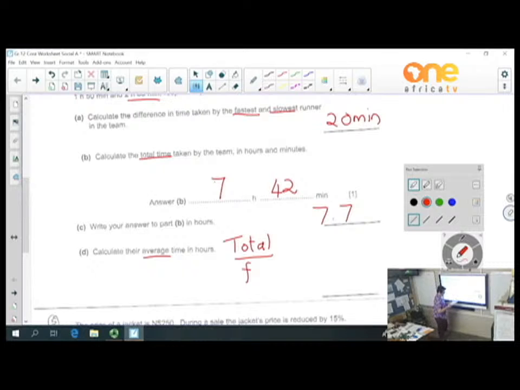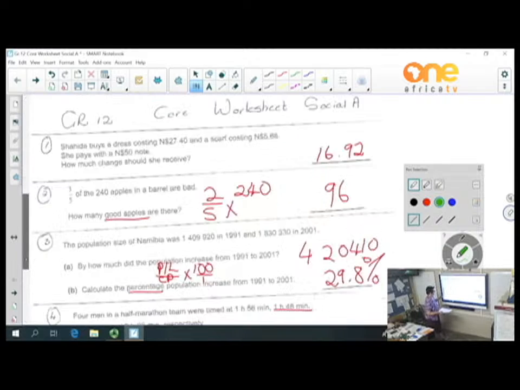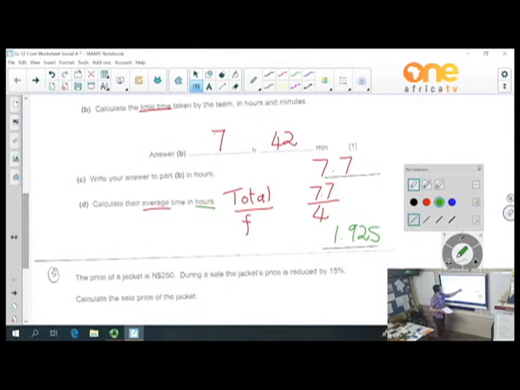So actually, you can just use this one, 7.7, divide by the 4 athletes, and then we get the average, and the average is 1.925. Look, they say in hours, so I don't need to change it now back to minutes. I can just work with hours there. I use that total time and divide by the 4 candidates, the 4 runners.